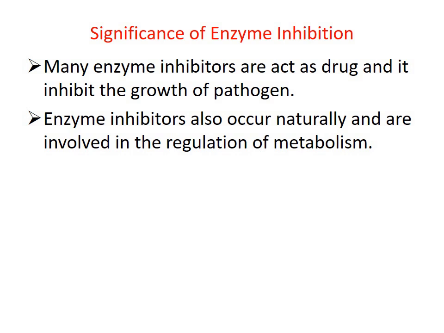Regulation is a very important step in metabolism. If a metabolic pathway is required, then the reaction goes on. If the metabolic pathway's products are not required, then these pathways are inhibited by regulatory enzymes, and I will discuss regulatory enzymes in the next part of my lecture.